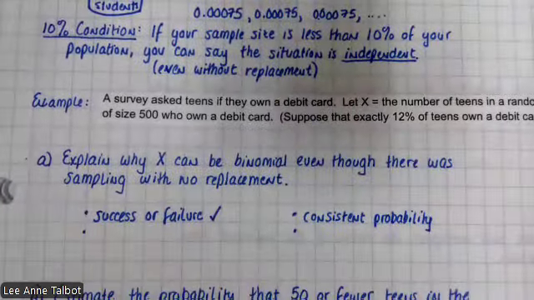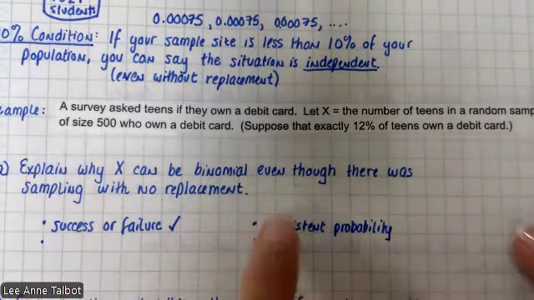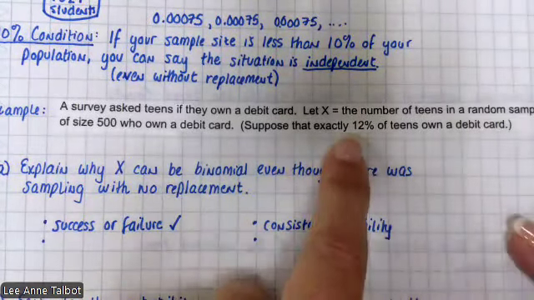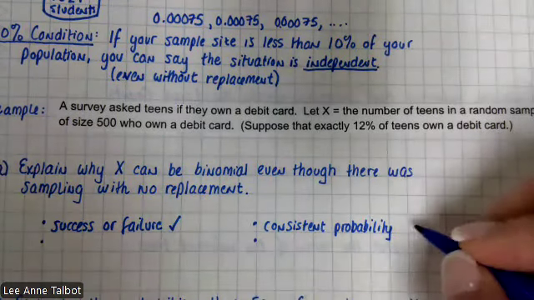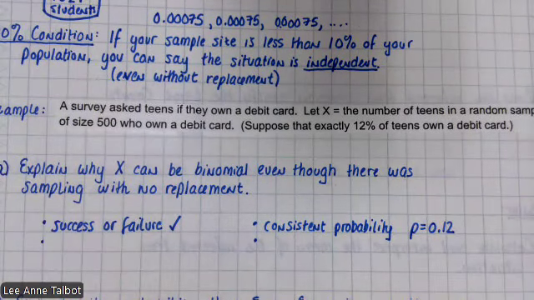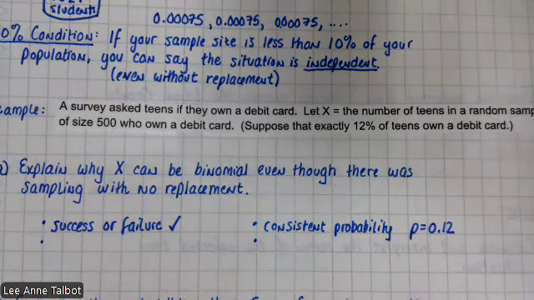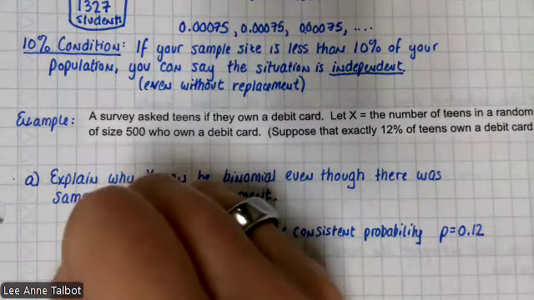I kind of gave you some stats overlord knowledge in this problem, meaning that you wouldn't really know this if you were doing the survey. But suppose that exactly 12% own a debit card. Yes. Is there a fixed number of trials?